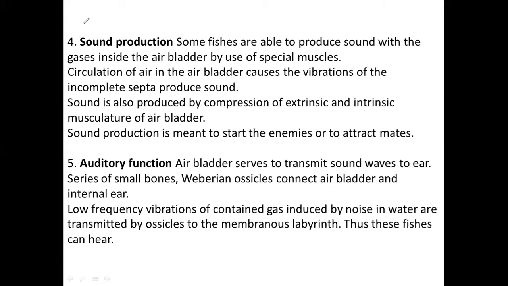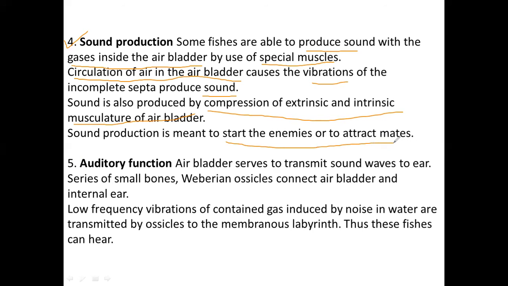Next is sound production. So they are able to produce sound with the gases inside the air bladder by using a special kind of muscles. The circulation of air in the air bladder causes certain kinds of vibrations, and those vibrations produce the sound. The sound is also produced by the compression of extrinsic and intrinsic musculature of the air bladder. It is generally meant to scare the enemies or attract the mates. Done.